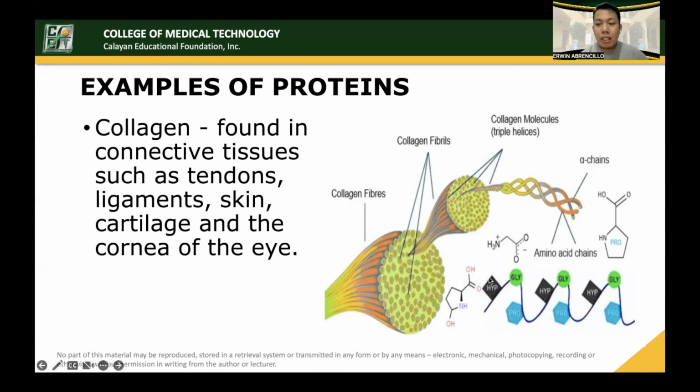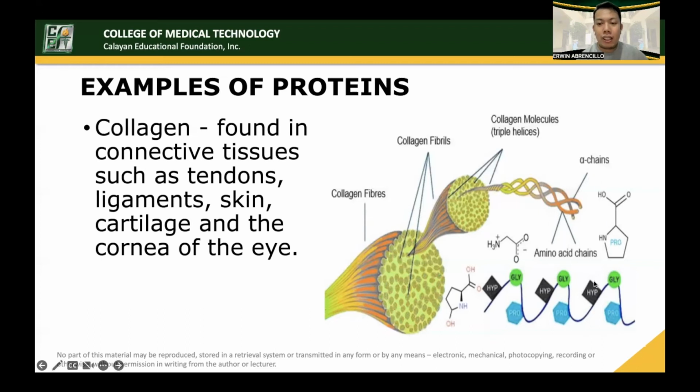So we have here the alpha chain, and then the amino acids, and the illustration zooms in so that you can see the structure of the amino acid chain. So here in the bottom, you have the different names of the amino acids: glycine, proline, glycine, proline, glycine, proline.